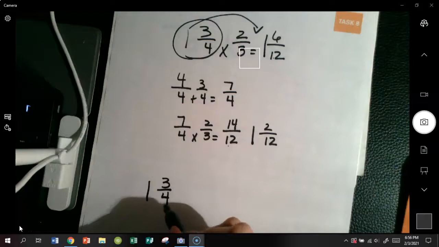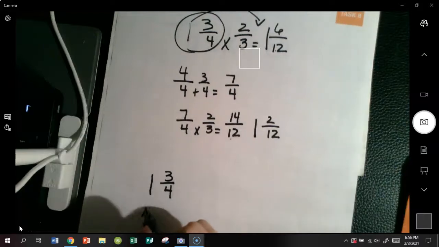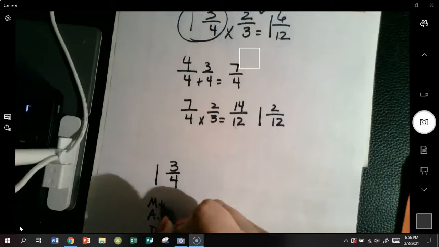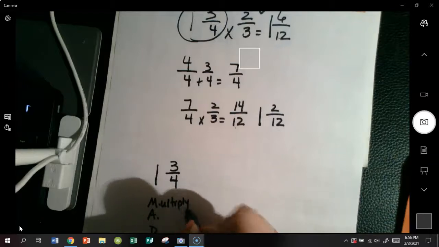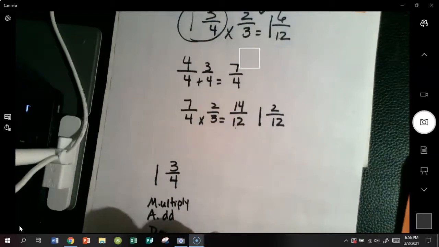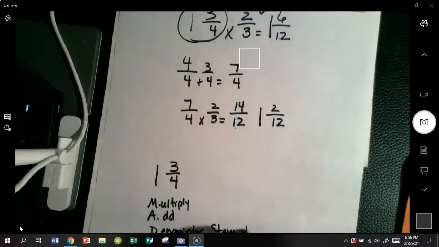I taught my boys and girls to make it MAD. To make it MAD means that you multiply, then you add, and the denominator stays the same.